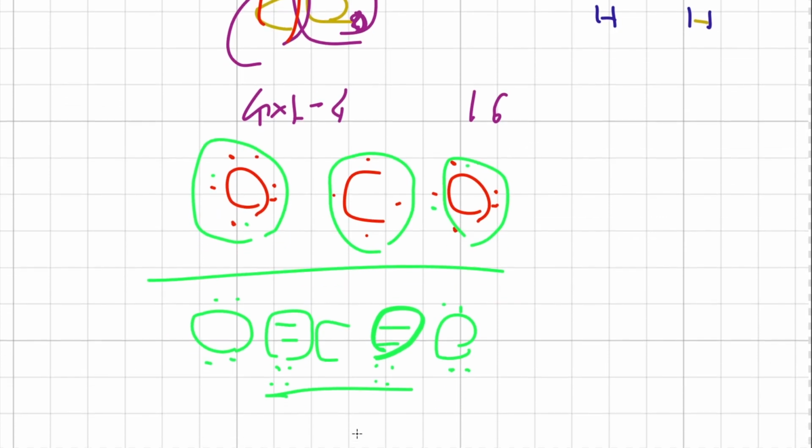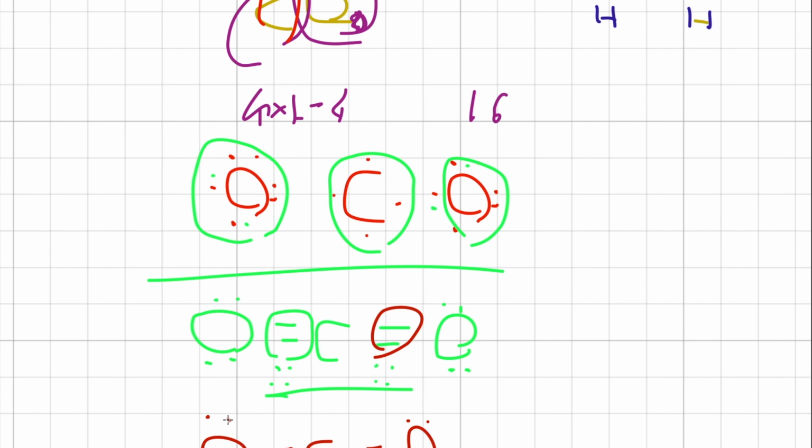So now we have our electron pairs. Here is the Lewis dot structure for CO2. Does that make sense? If it doesn't, I'll try and answer your questions in the comments.